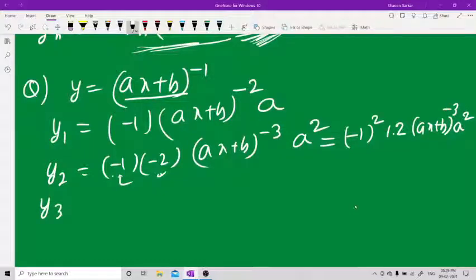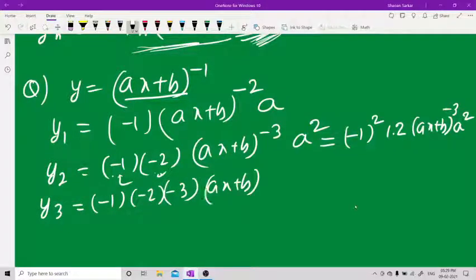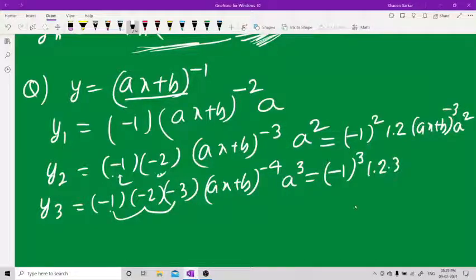And y3 is, see, minus 1, minus 2, minus 3, (ax plus b) to the power of minus 4, a cube. And this can also be written as minus 1 to the power of 3, now 1, 2, 3. 1 into 2 into 3, (ax plus b) to the power of minus 4, a cube.